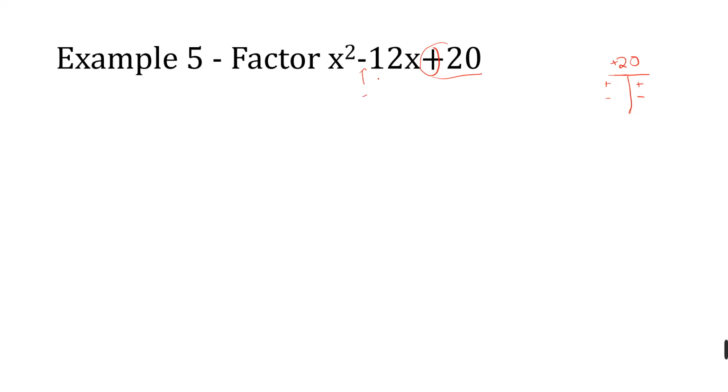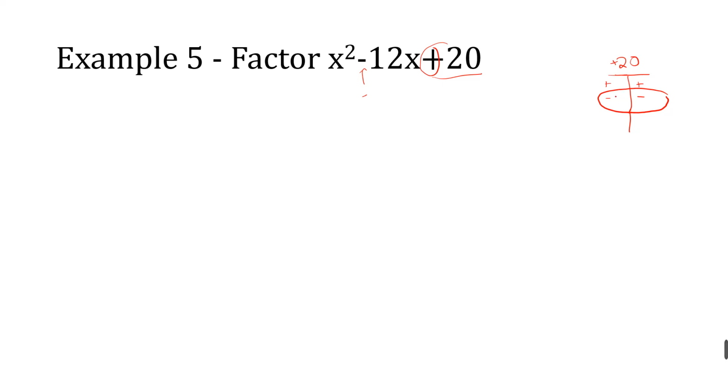Since we have a negative in the sum, that means we're going to have a negative times a negative. So I want to find two numbers that add up to negative 12 and multiply together to give positive 20. Pause the video and see if you can find the right answers.